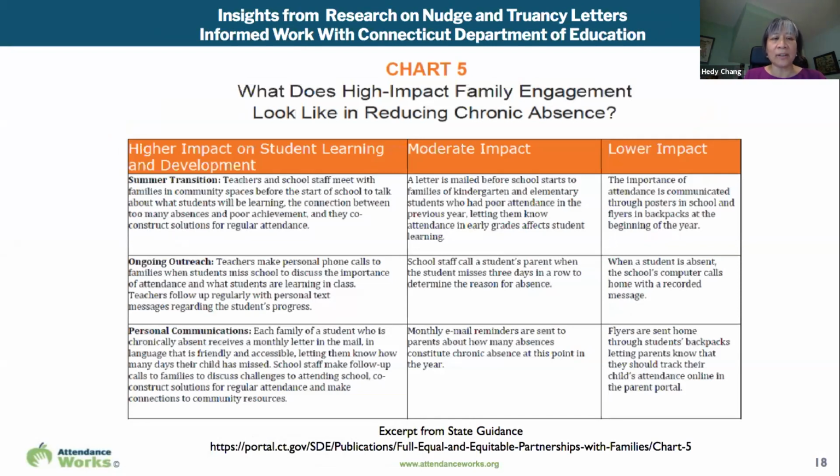And in particular, I consulted with Todd's team to make sure that when we gave guidance back to Connecticut, what they talked about as the higher impact student learning opportunities, the personalized communication to families about how many absences happened, actually incorporated his comments.